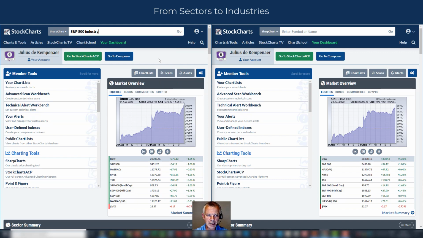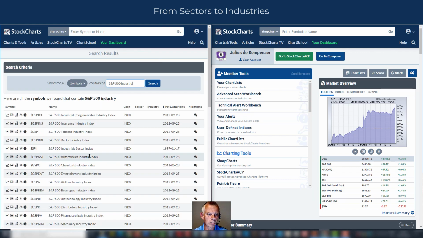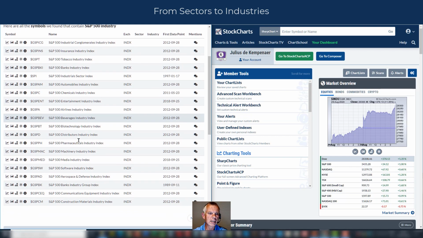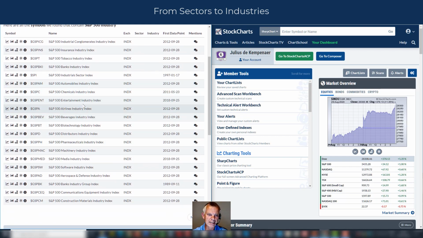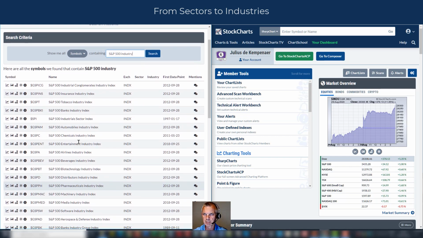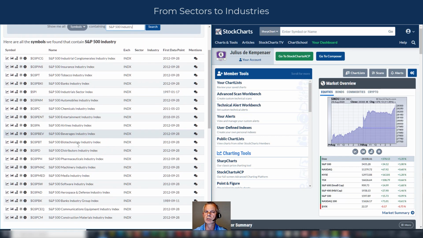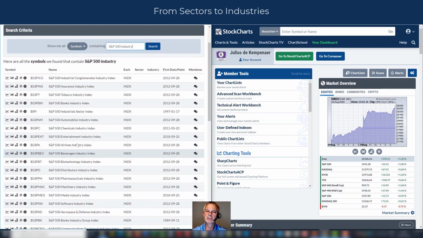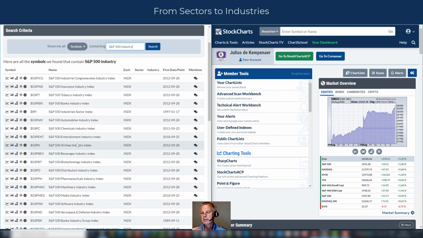If you hit that in the search engine, you will find all S&P industry indexes. I think it's almost 100 of them, which gives you the ability for a more granular breakdown of certain groups in those sectors.